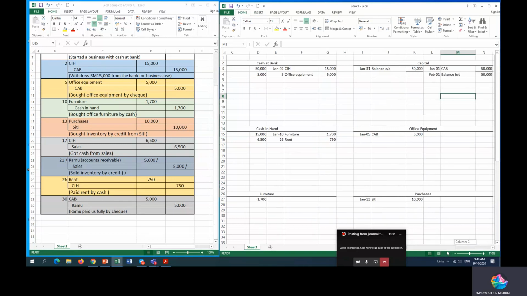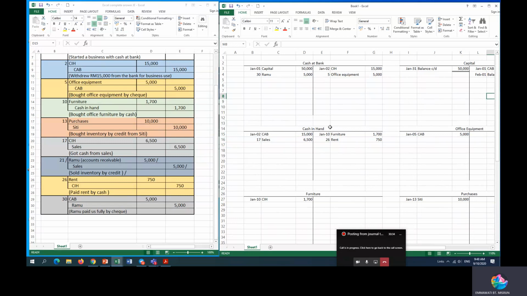Next, let's look at how we should close the cash at bank account. For the cash at bank account, we have two entries on the debit side and two entries on the credit side. On the debit side of cash at bank, the total is 55,000, and on the credit side, we have a total of 20,000.